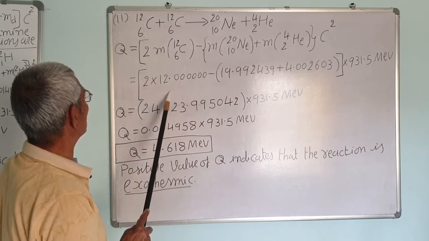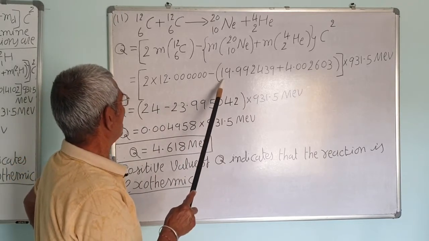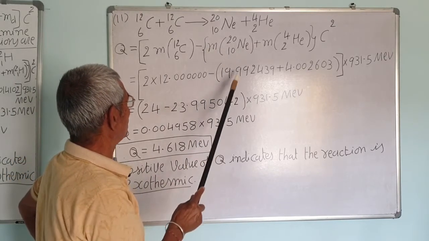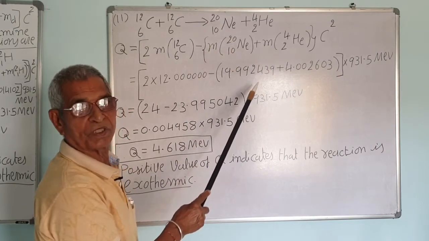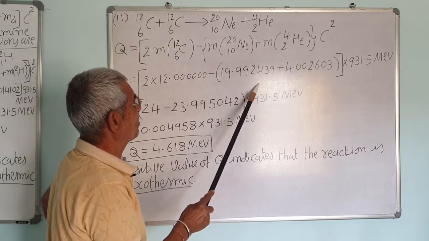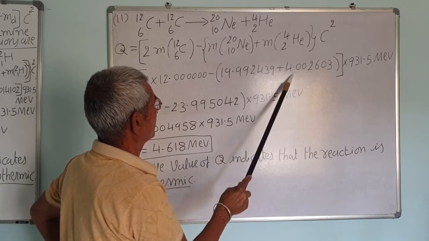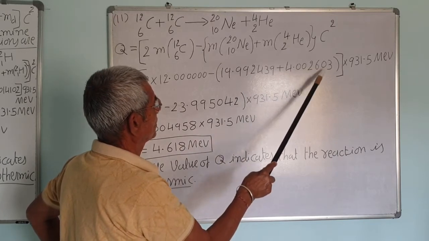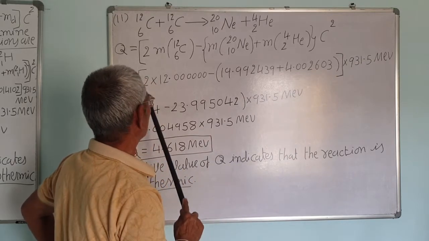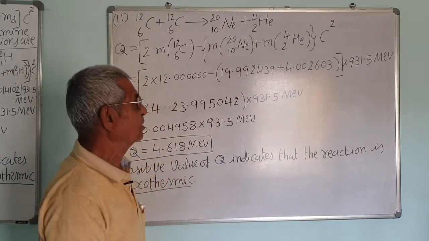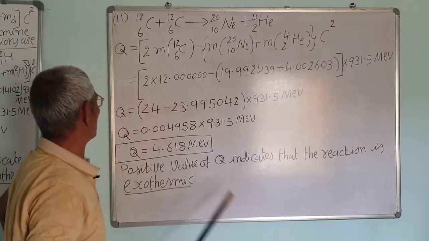So, 2 into mass of the carbon is 12, you know, minus the mass of the neon, that is 19.992439 atomic mass unit, plus the mass of the helium, that is 4.002603, multiplied by, because this is taken in atomic mass unit, you can multiply by 931.5. The answer will be in million electron volt.